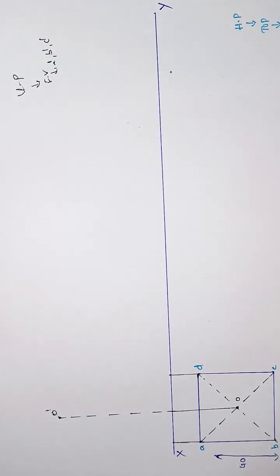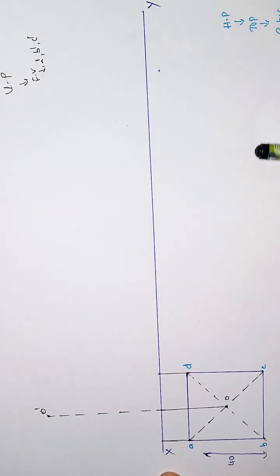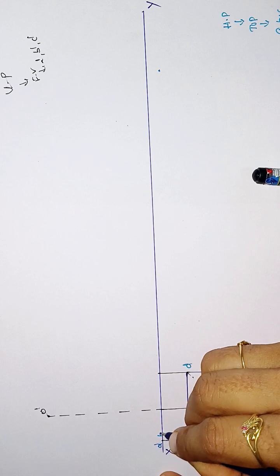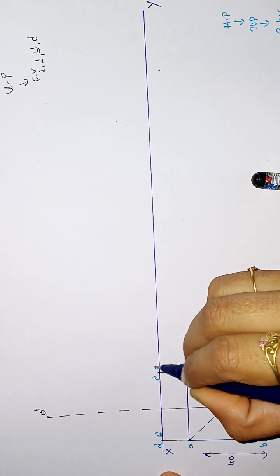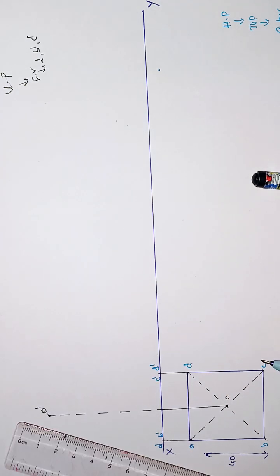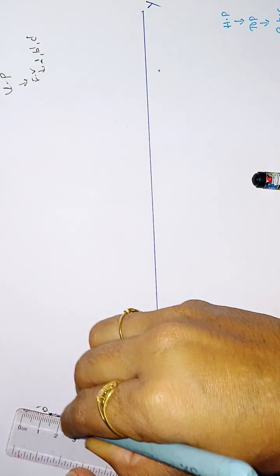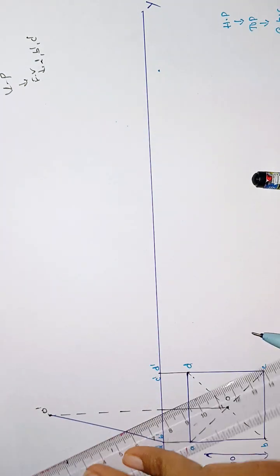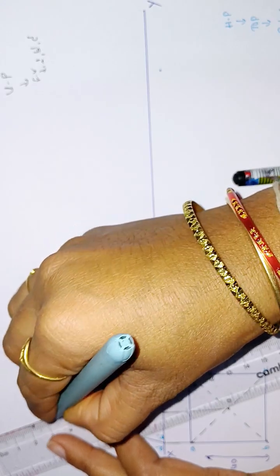And next you have to project A and B up to the reference line and mark the names A prime, B prime, and also project C and D as C prime and D prime. Next you have to join the line up to the apex from A prime to O prime, and next mark C prime to D prime.